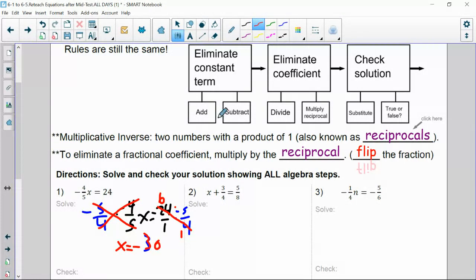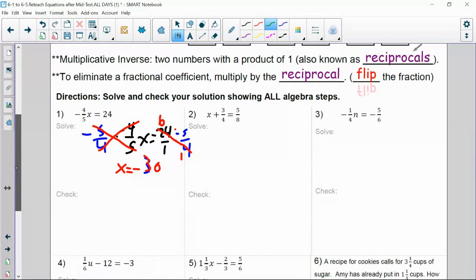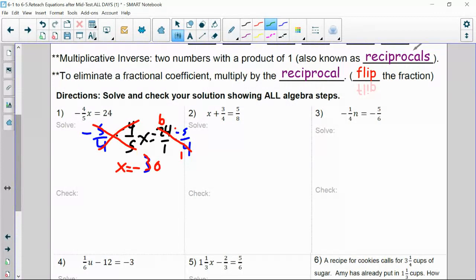Okay. That's just doing this section right here. Now I have to check my solution. Okay, replace x with my negative 30. So it's negative 4/5 times a negative 30 going to equal a positive 24.